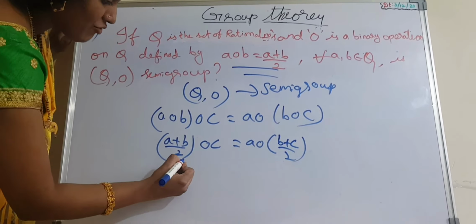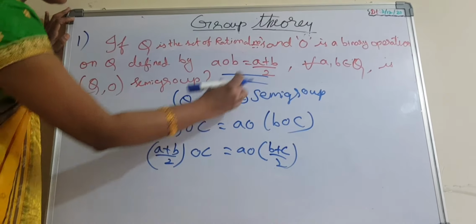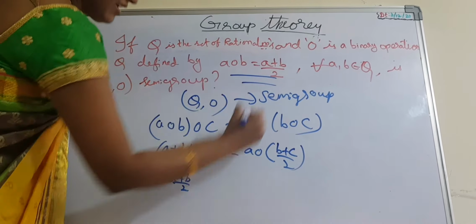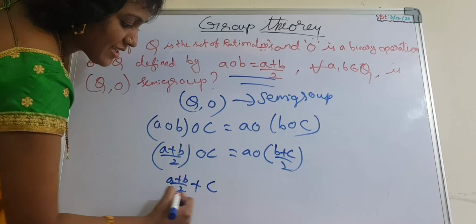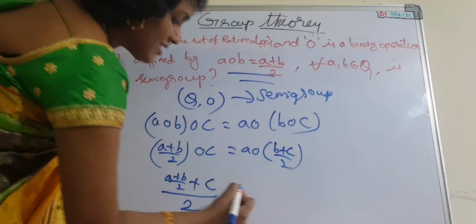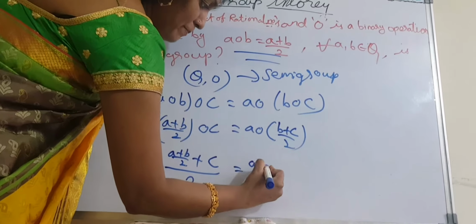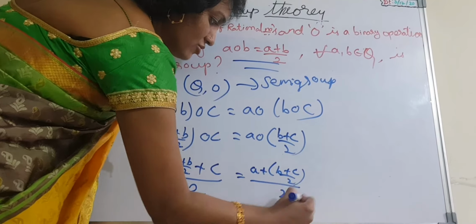And here, we'll assume that this is an A and this is a B. What can we write? (A plus B) by 2 is the first term, and this is C. By total 2, what we'll get here? ((A plus B) by 2 plus C) by 2.